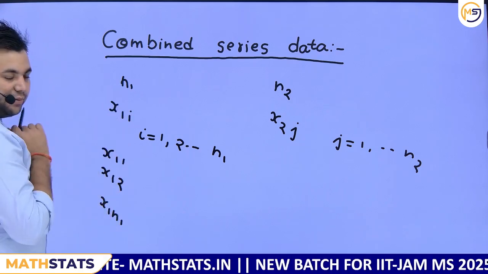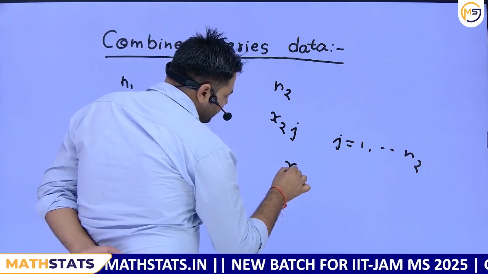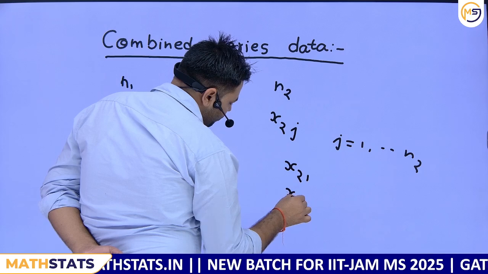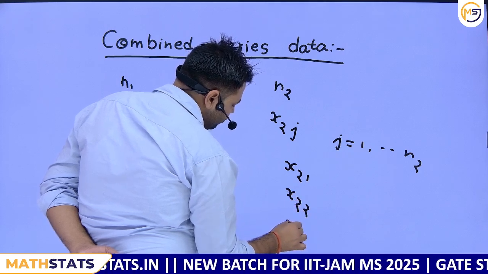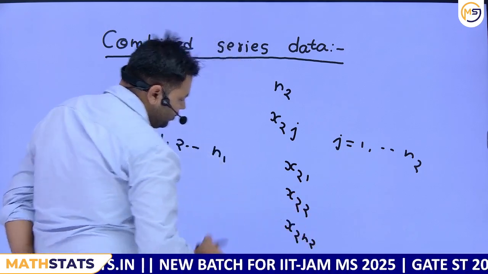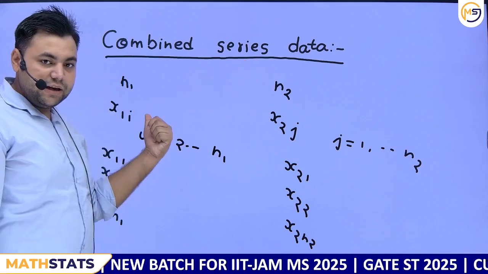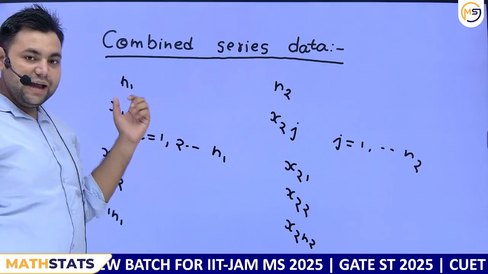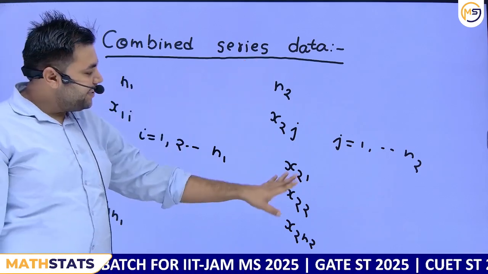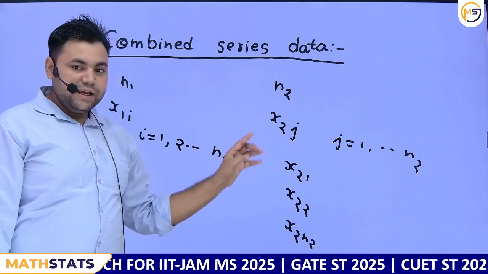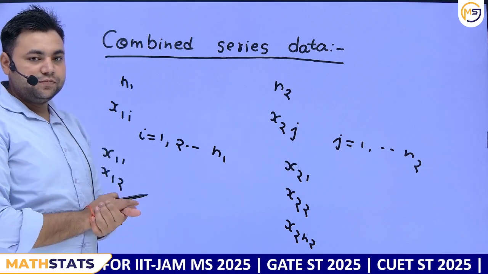This is the n1 observation, and here x21, x22, and so on x2n2. So suppose we have n1 observations x1i with i equal to 1 to n1, and second observation x2j and j equal to 1 to n2.